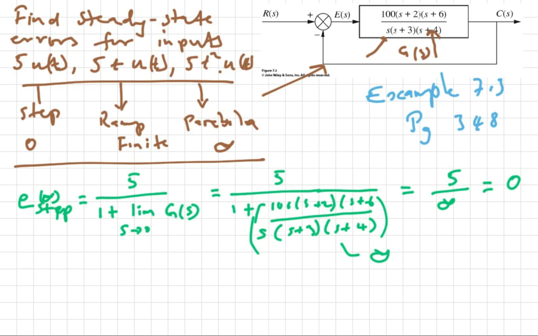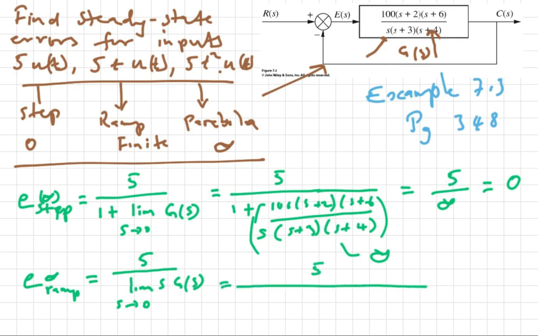Next, we look at the steady state error for the ramp input. This will be 5 over limit as s tends to 0 of s G of s. So you can see this will be equals to 5 over limit of 100 (s plus 2)(s plus 6) all over s (s plus 3)(s plus 4), times s.